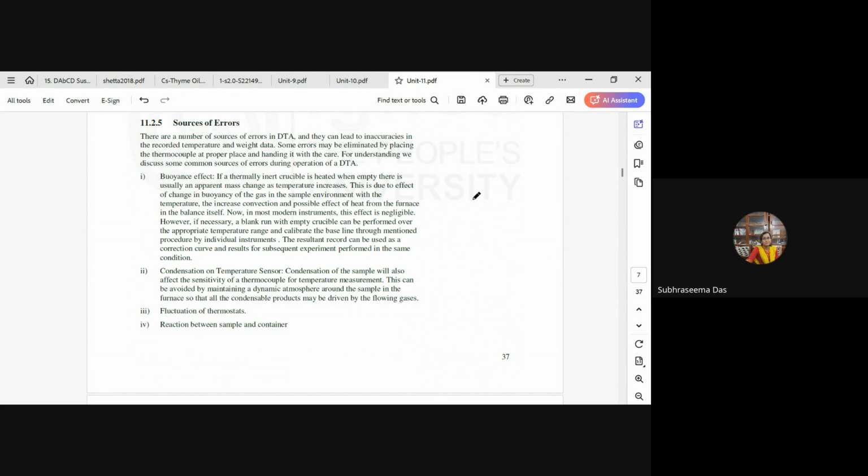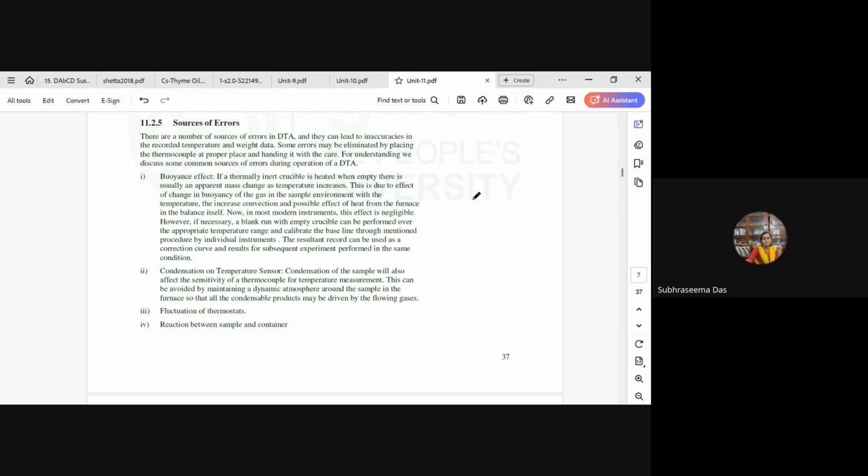Then coming to the sources of error. There are a number of sources of error in DTA, as they can lead to inaccuracies in the recorded temperature and the weight data. Among the common sources, the first is the buoyancy effect. If the crucible is heated, there is usually a change in the mass, and then the temperature arises. This is what we call the buoyancy effect of the gas.